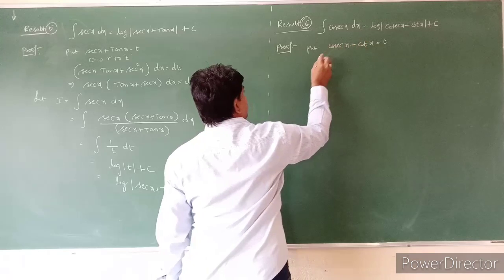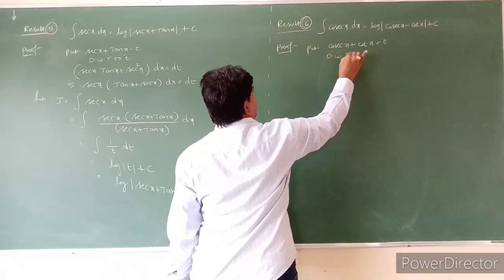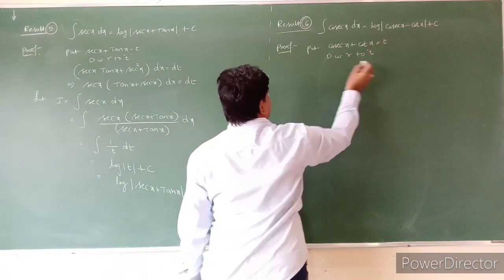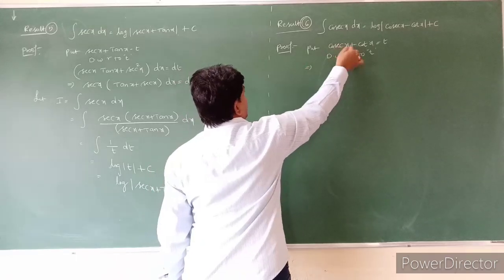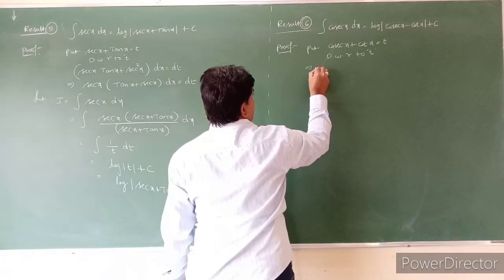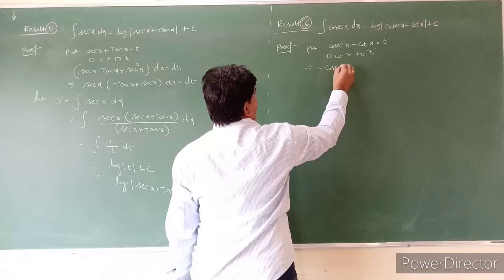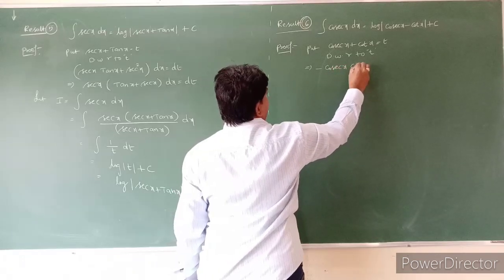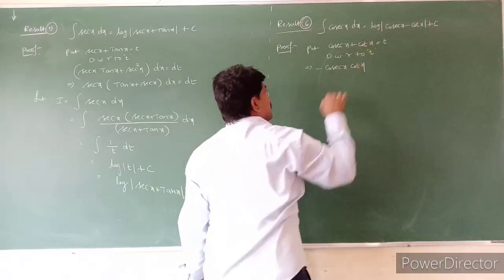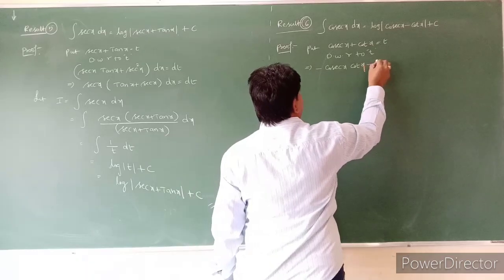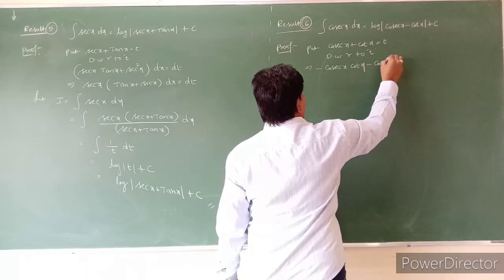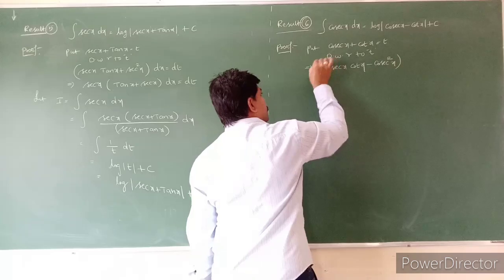Differentiate with respect to t. What is the cosecant x derivative? Minus cosecant x into cot x. What is the cot x derivative? Minus cosecant square x.